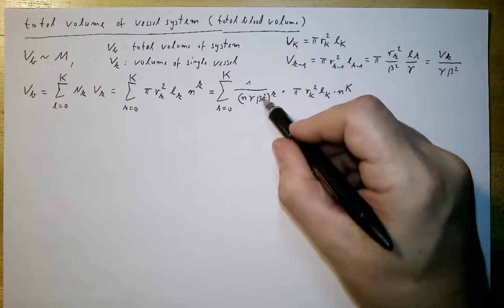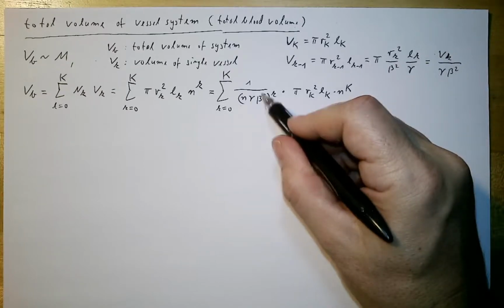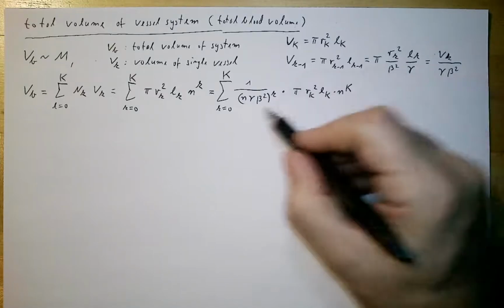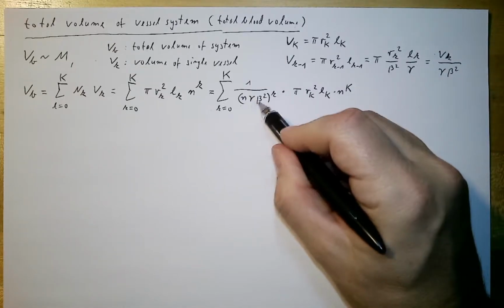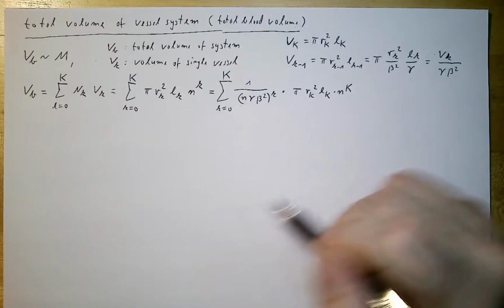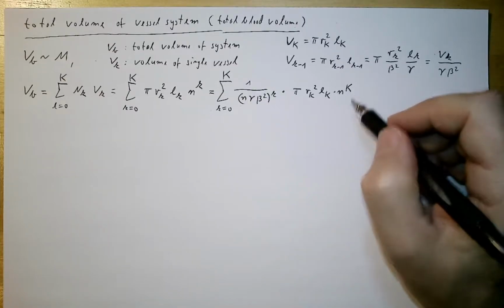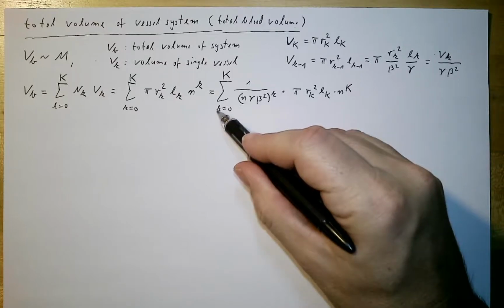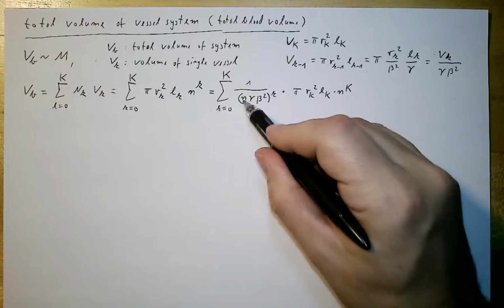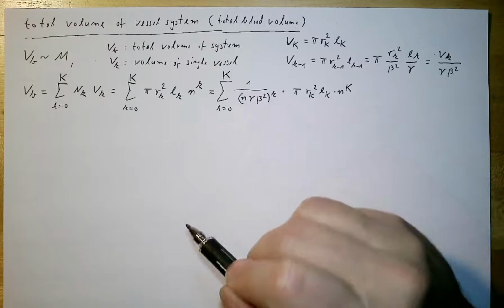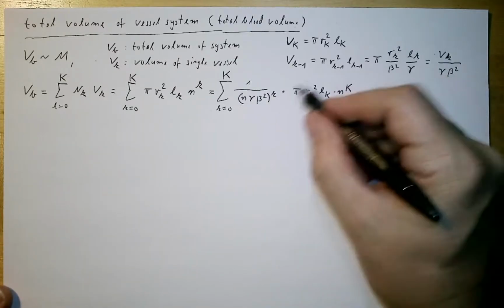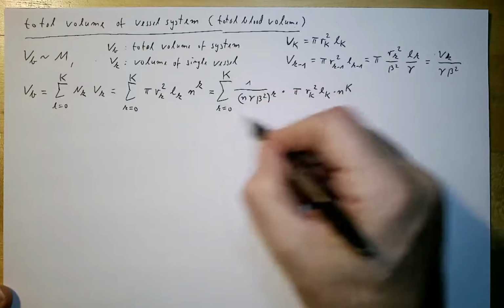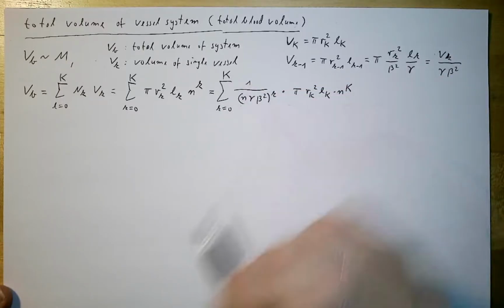But now at a single level, we first have to get the volume at level k, so we have to multiply by gamma beta squared to the k, and then we have to get the number of branches at a certain depth k, so we also divide by N to power k. But this here is a constant, and then we just have to sum up this term here.